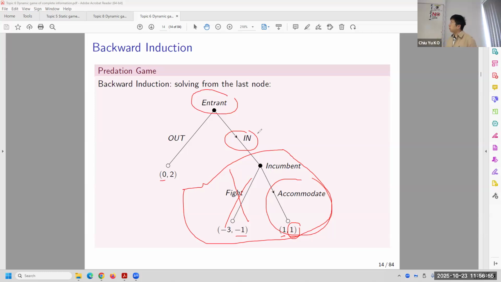So this will be the prediction of the model. That's called backward induction, because you solve the game from the end stage and go backward. And you can see this is only solvable when the game has a finite stage, the final stage. But there's a game that's called an infinite game, where there's no finite stage. Then this method cannot be used.